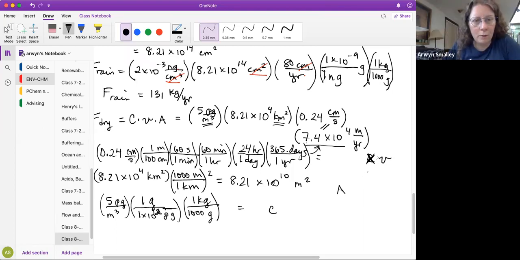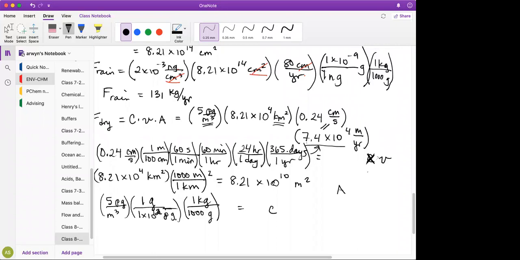Yeah, pico is 10 to the 12th, or 10 to the minus 12, depending on what direction. 10 to the minus 12 grams is a picogram. Yeah, it's really small.